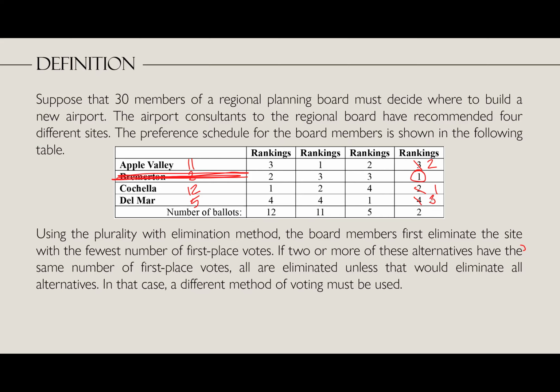Here, Bremerton was originally second, but since it's gone, first place doesn't get affected. That's fine. But then third moves up to second, and fourth moves up to third. So I do this for all of my columns. If I do this for all of my columns, then I'm going to get something that looks a little bit like what I have here.